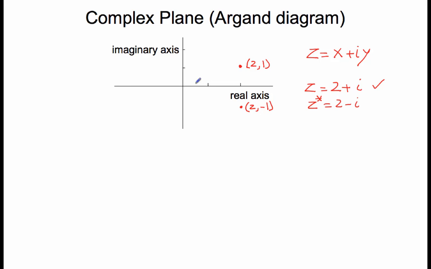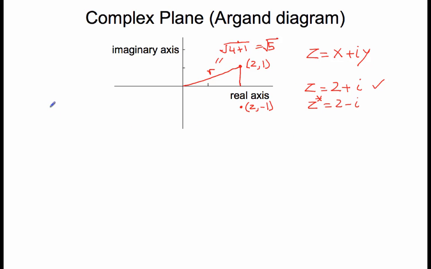And of course, the magnitude of this we would get by drawing this line over here. This is r. This r will be the square root of 2 squared, which is 4, plus 1 squared, and that's the square root of 5. So this is the magnitude of this complex number over here.